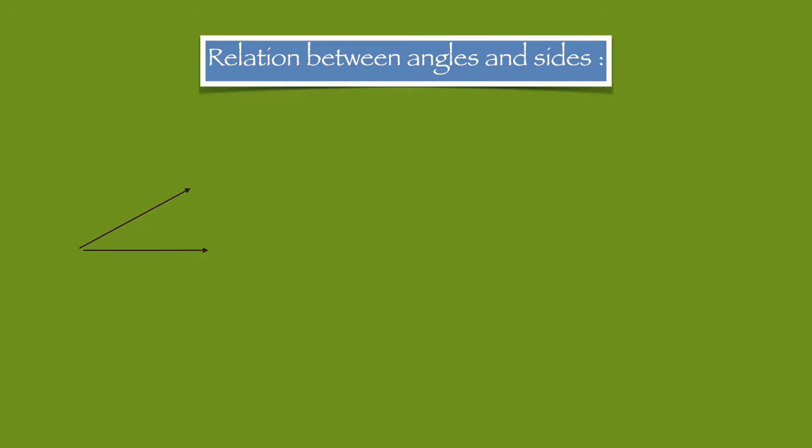Now that we have seen the angles and the sides of a triangle, can we determine if there is any relation between the angles and sides? For that, let's have a pair of lines drawn containing the angle alpha between them. Let's draw another pair of lines that contains the angle beta between them.